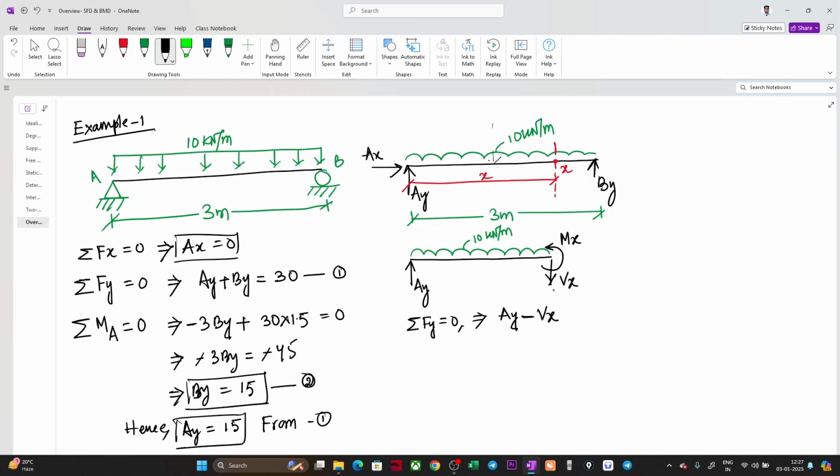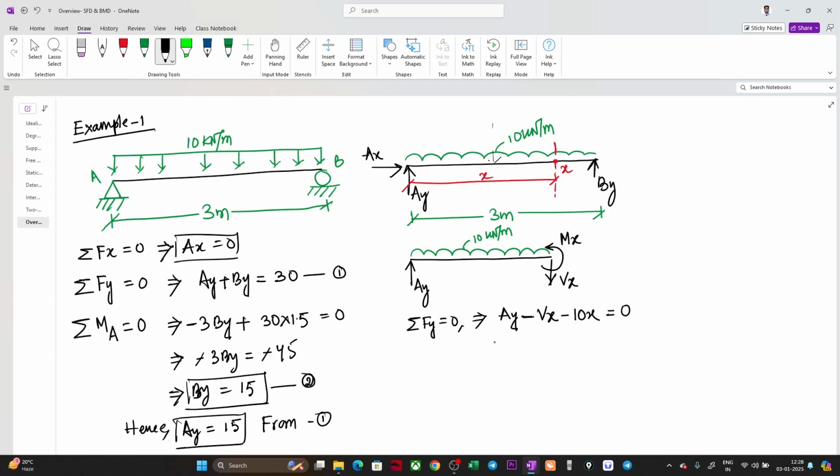Downwards means negative as per our sign convention. Then what is the next load we have? We have a load of 10 kilonewton per meter distributed over a length of x, right? So minus 10 into x, should be equal to 0.